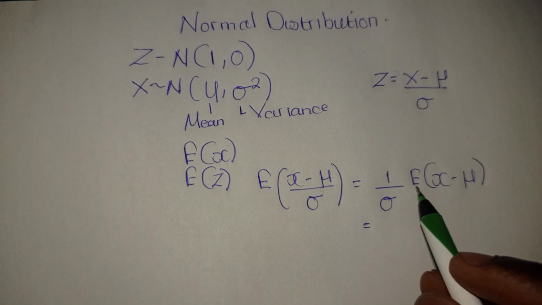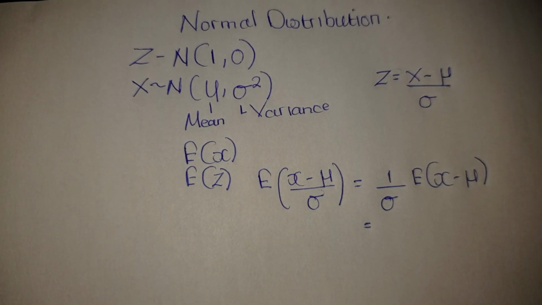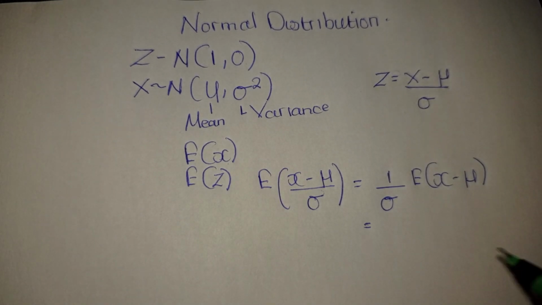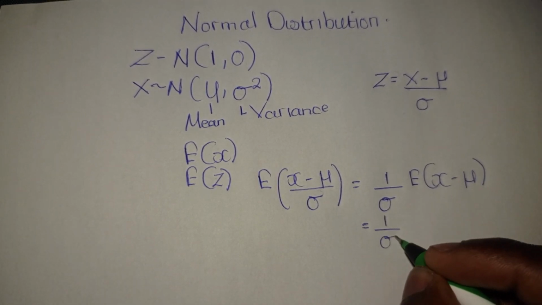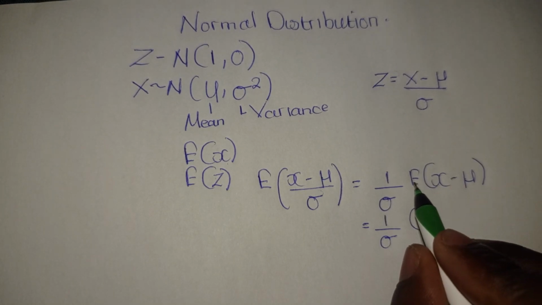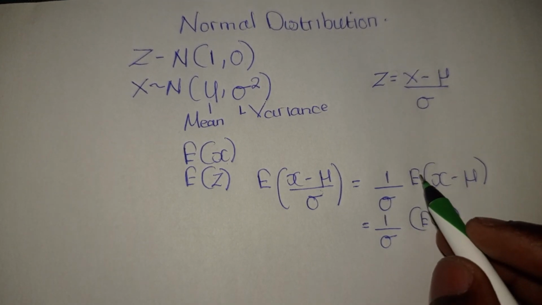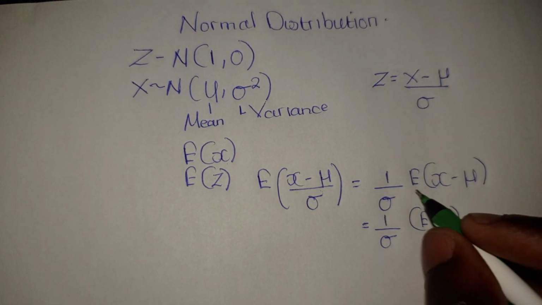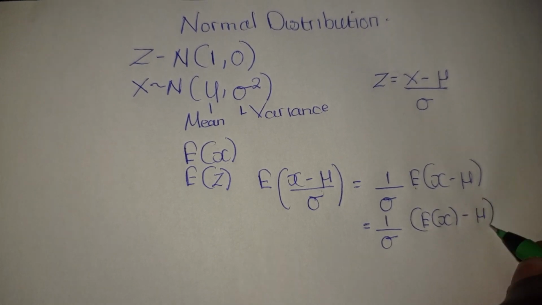When we distribute the expectation, we get the expected value of X and the expected value of mu. The expected value of a constant is just the constant, the mean mu, so we do not multiply; we just leave it the way it is.